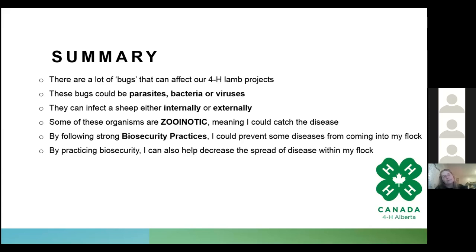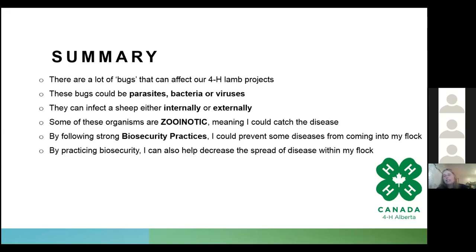I think right at the start here on your summary. Okay. Yeah. All right. So we talked about, I'll go quickly through this in case we did some of it. There's a lot of bugs that can affect our projects. These bugs can be parasites, bacteria, and viruses. They can infect sheep on the inside and on the outside.